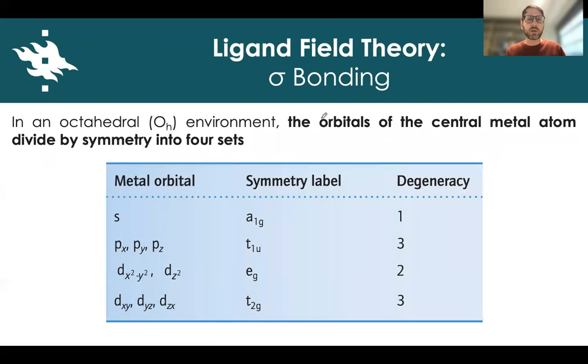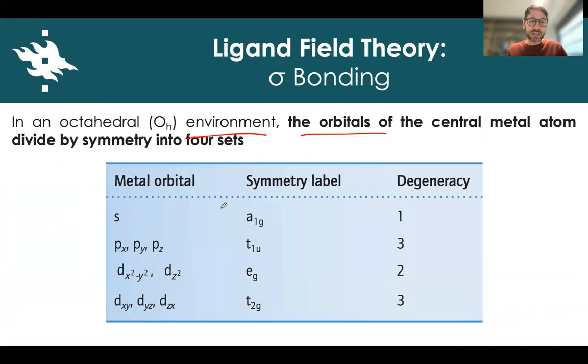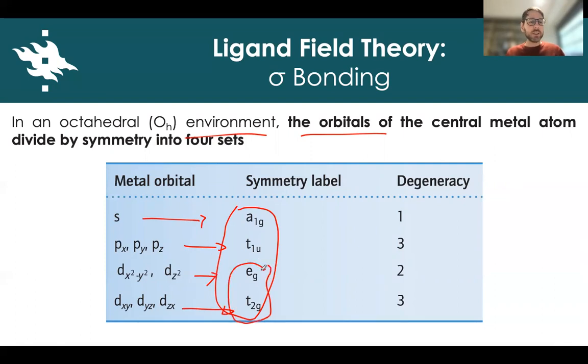So if we have an octahedral environment, the orbitals of the central metal atom can be divided by symmetry into 4 sets. We don't need to go into the symmetry considerations for now, but these orbitals have these symmetries in an octahedral environment, right? We saw here for the d orbitals these symmetries already.